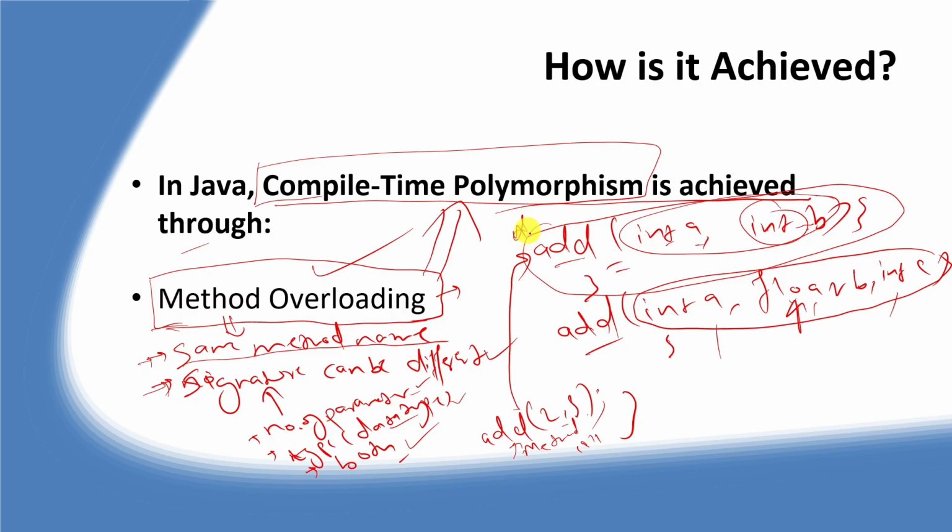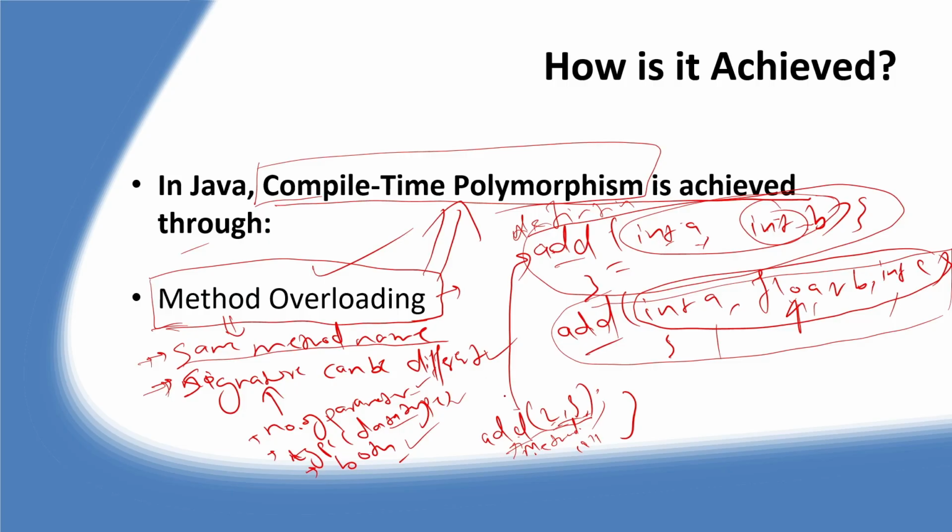And what is method binding? Linking a method call to the method definition. This is also a method definition, but based on this call, it is linking to this method. Why? Because this has 2 parameters, and here we are providing 2 parameters. So method binding means linking a method call to a method definition based on the parameters, method name, those things.